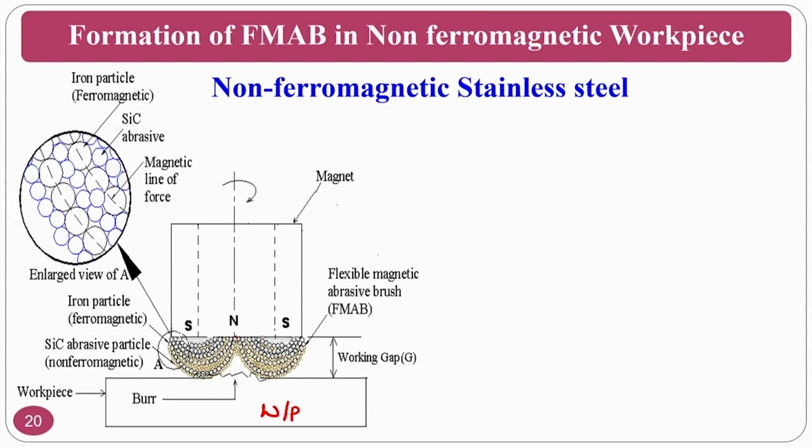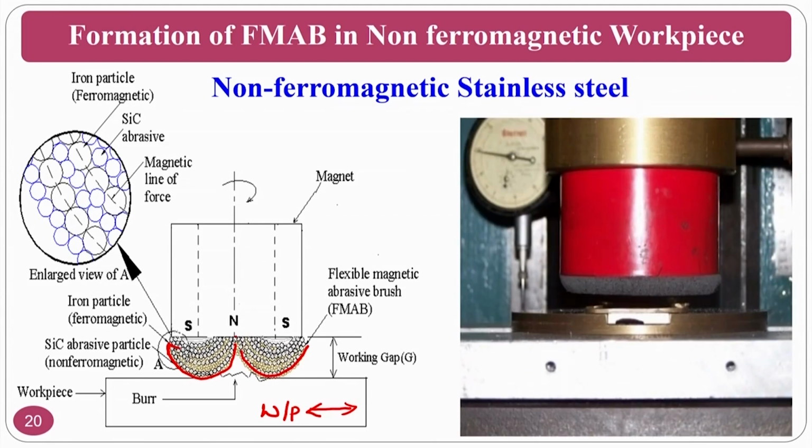That is why the magnetic lines of force are on the surface only. There will be a slight problem that wherever the central portion is, the finishing may not occur, but by giving the table speed, this central portion can be varied and you can do the finishing operation.